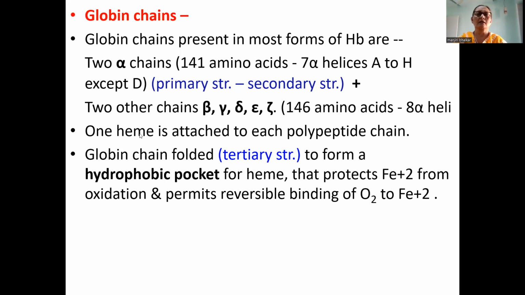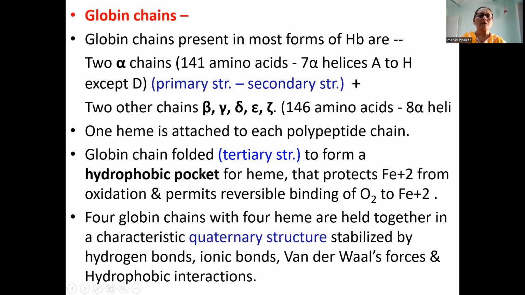Now this pocket will also permit the reversible binding of oxygen to the iron. Now, four globin chains with four heme located together are characterized by quaternary structure. This is stabilized by non-covalent bonds like van der Waals forces and hydrophobic interactions.